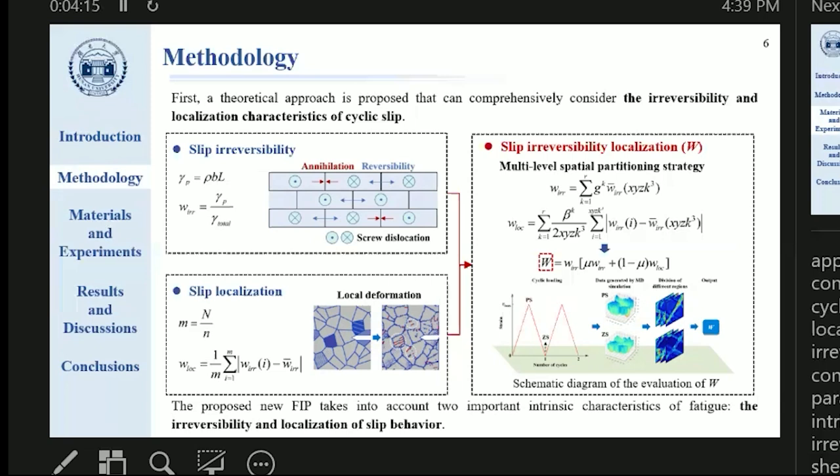To construct this fatigue indicator parameter, we integrate two key fatigue features: the irreversible accumulation of shear strain and the degree of cyclic deformation localization. To capture this localization factor, we adopt a spatially partitioned strategy. And then we couple the two intrinsic characteristics of fatigue through a reasonable framework, as shown in this function.